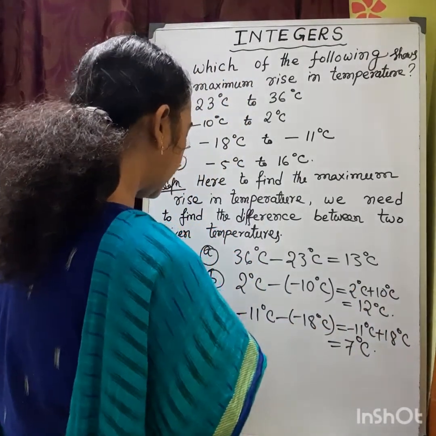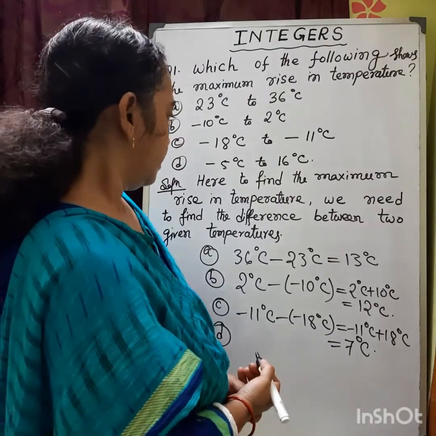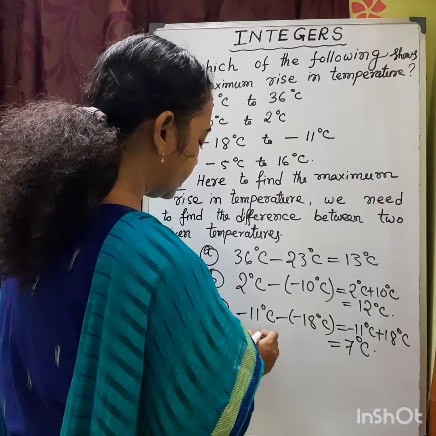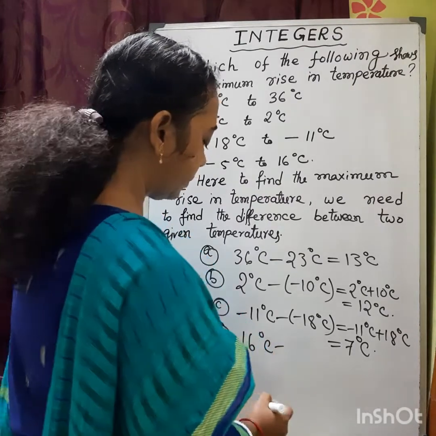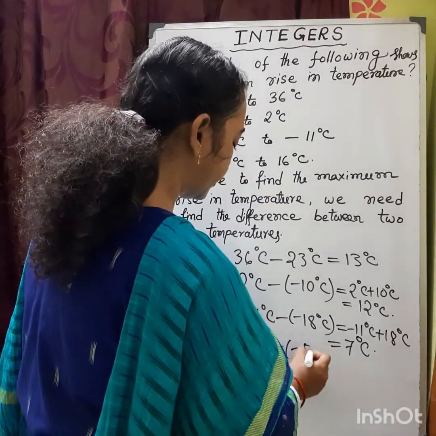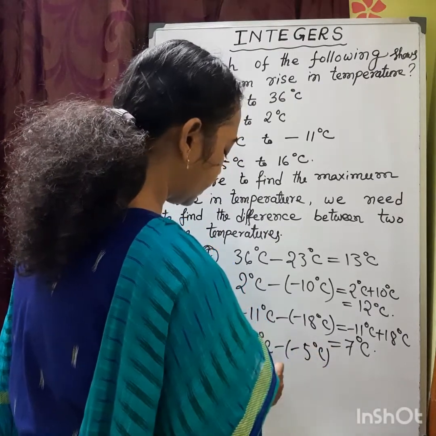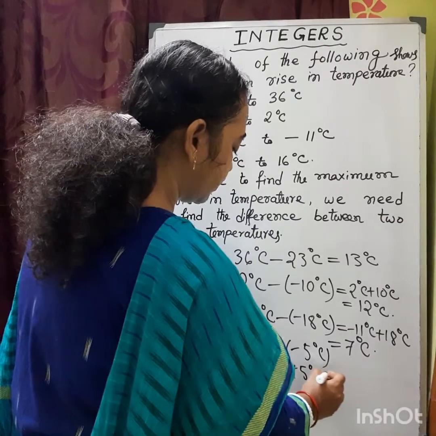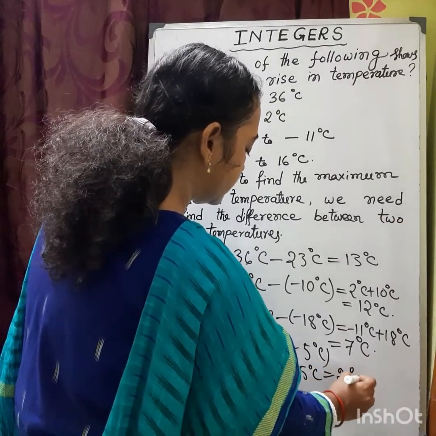See the last option, that is minus 5 degrees Celsius to 16 degrees Celsius. Again we write first 16 degrees Celsius, then we put one minus sign, after that minus of 5 degrees Celsius. So this will give 16 degrees Celsius plus 5 degrees Celsius, which is 21 degrees Celsius.